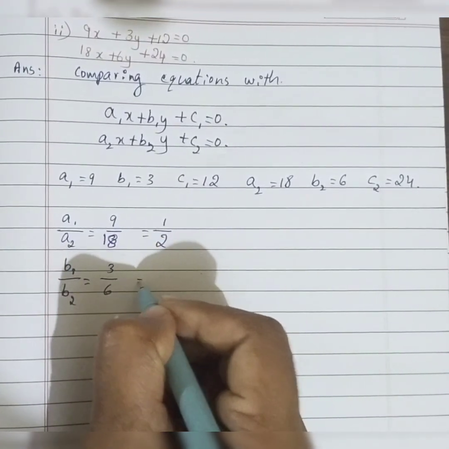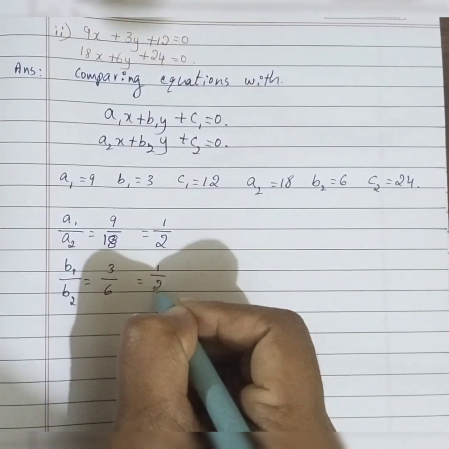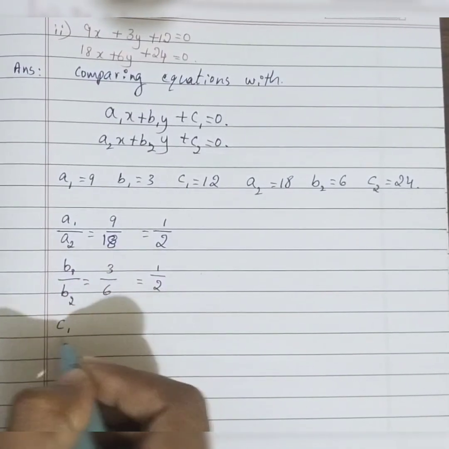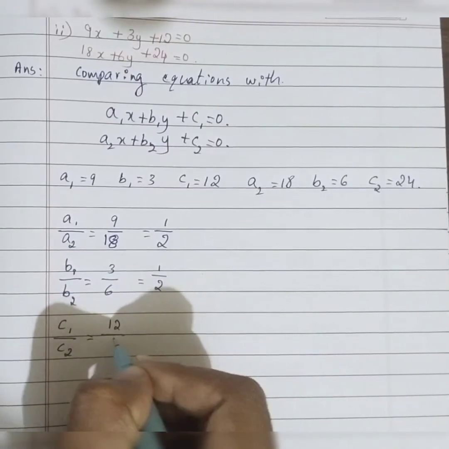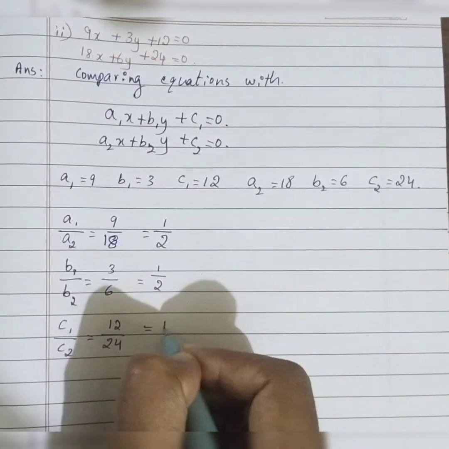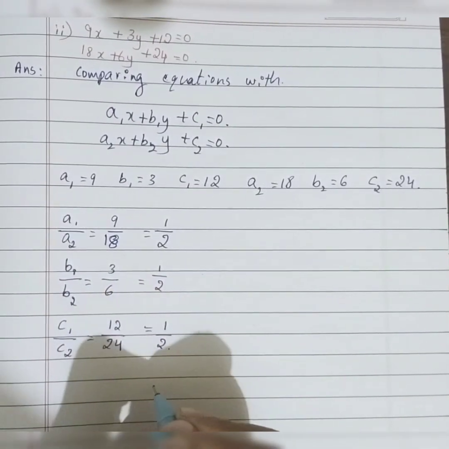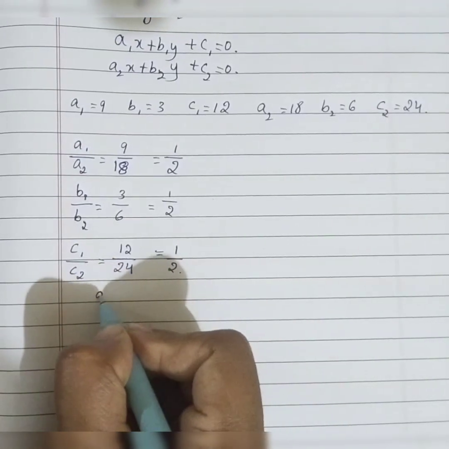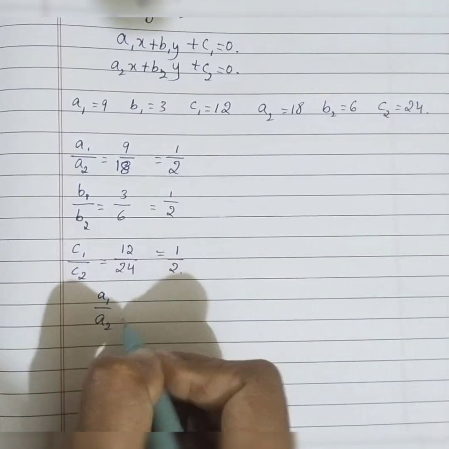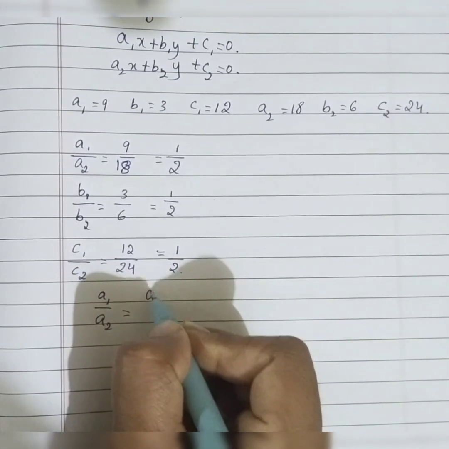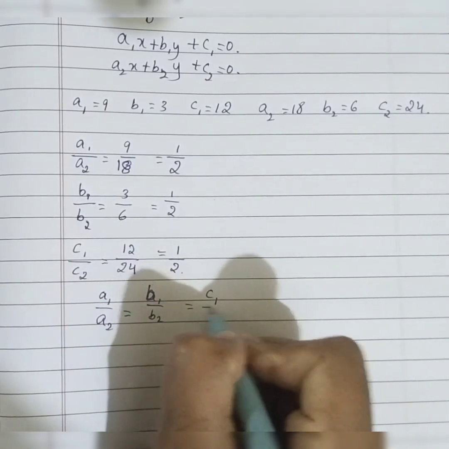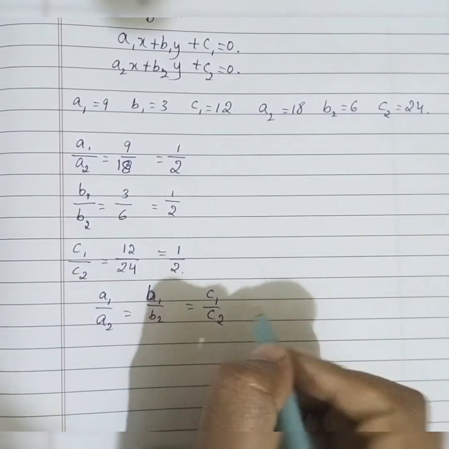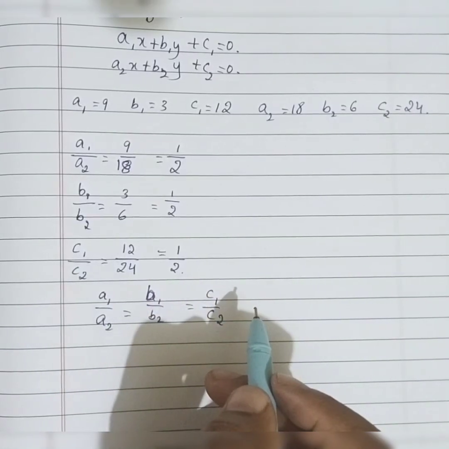After simplifying this, we will get again 1 by 2. Next is c1 divided by c2, that is 12 divided by 24, which is equal to 1 by 2. Now a1 divided by a2 is equal to b1 divided by b2 and c1 divided by c2. All three ratios are equal.